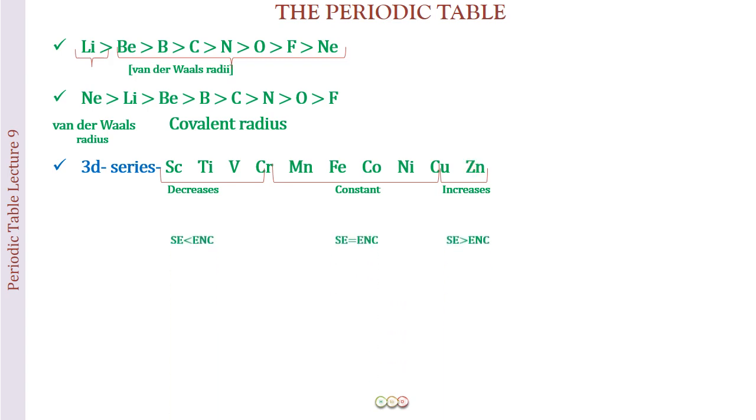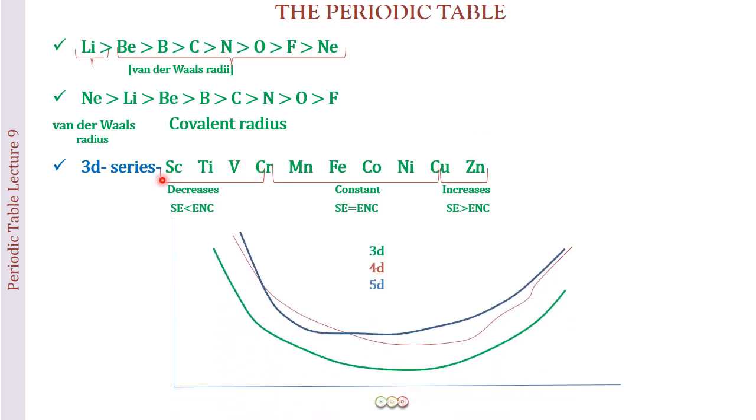Let us again understand in terms of the shielding effect and the effective nuclear charge, because the electrons are being added not into the valence shell, they are being added into the n-1 shell, the penultimate shell, right? So here from scandium to chromium, what do you see? We are seeing that the shielding effect is going to be less than the effective nuclear charge, because the electron repulsions in these elements are not significant, as there is no pairing of electrons in the d orbitals, right?